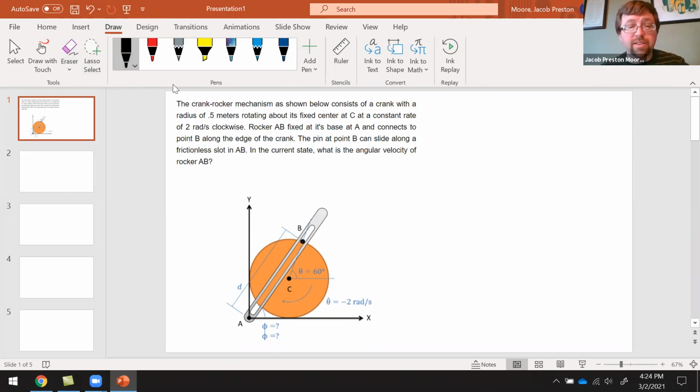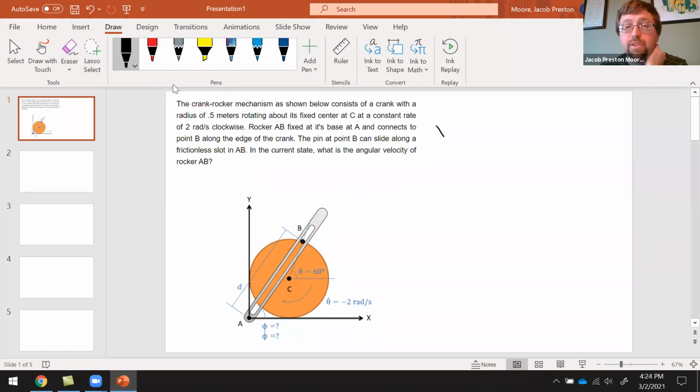I know that the radius of this orange wheel is 0.5 meters. So if I go from here and here, it'd be 0.5, 0.5. That's all well and good. From there, I can use my 60 degrees and another 0.5 for the length.